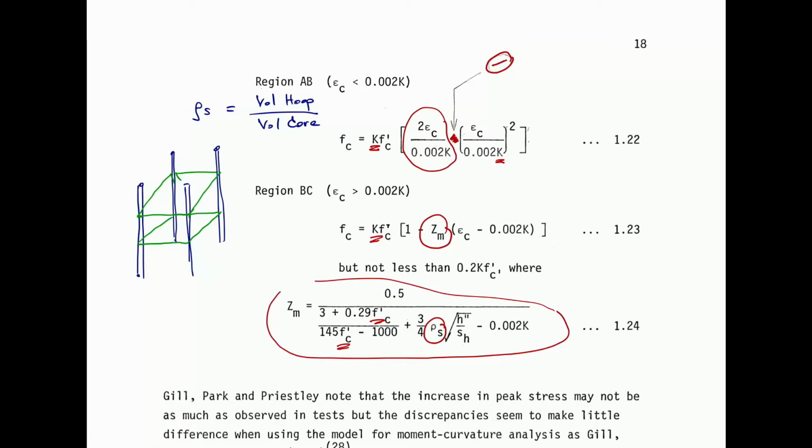So the confined core, first of all, for the hoop, you look at one hoop. You know the AS, and you know the dimension in this direction and in this direction. You have the B, you have the H. So basically it is AS multiplied by 2 times B plus H. This is the volume of the steel confinement.